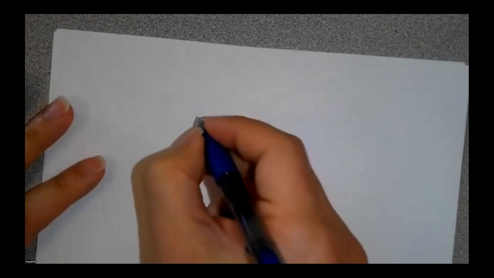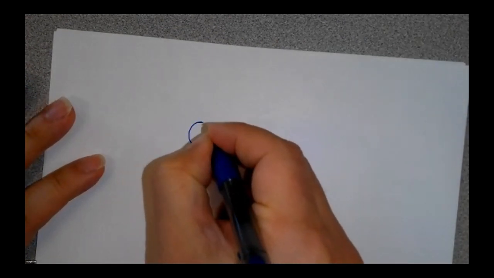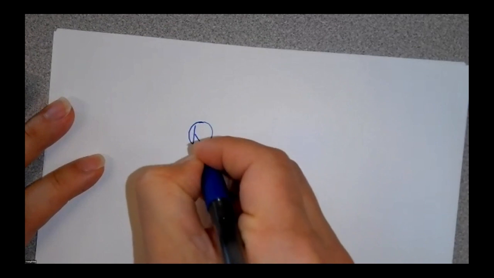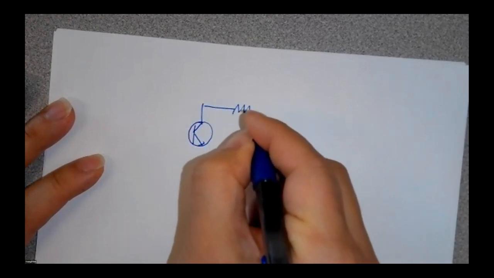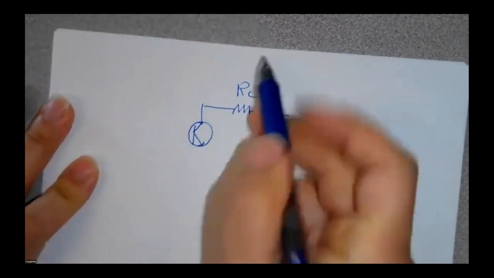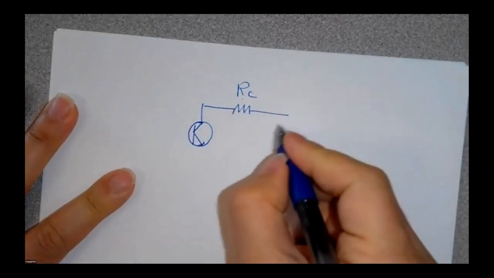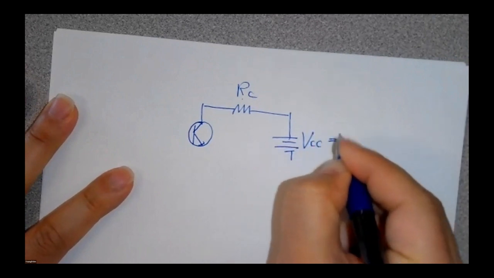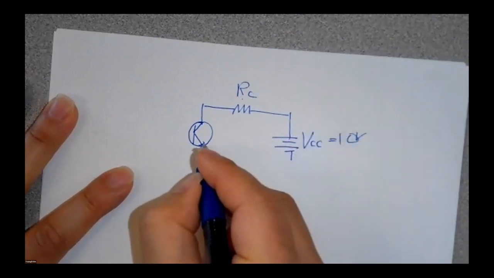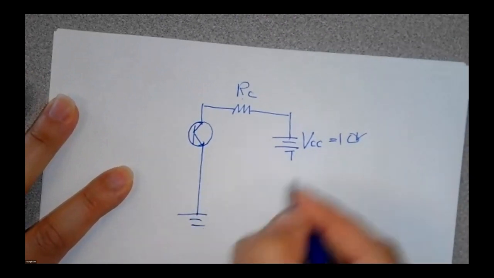So next one. Next questions. I'm gonna give you 5 minutes, but I'm gonna draw first. Like this one. That is the collector resistor. This is V sub CC, the supply. That is my ground here.